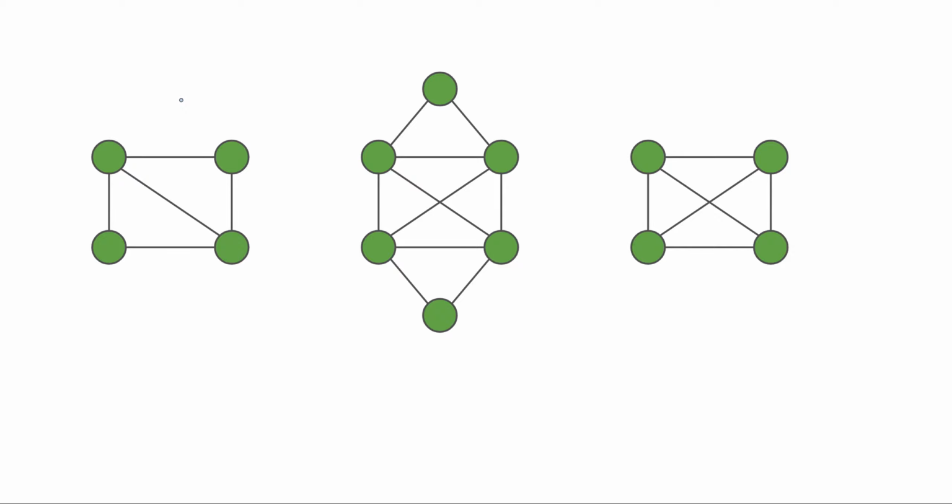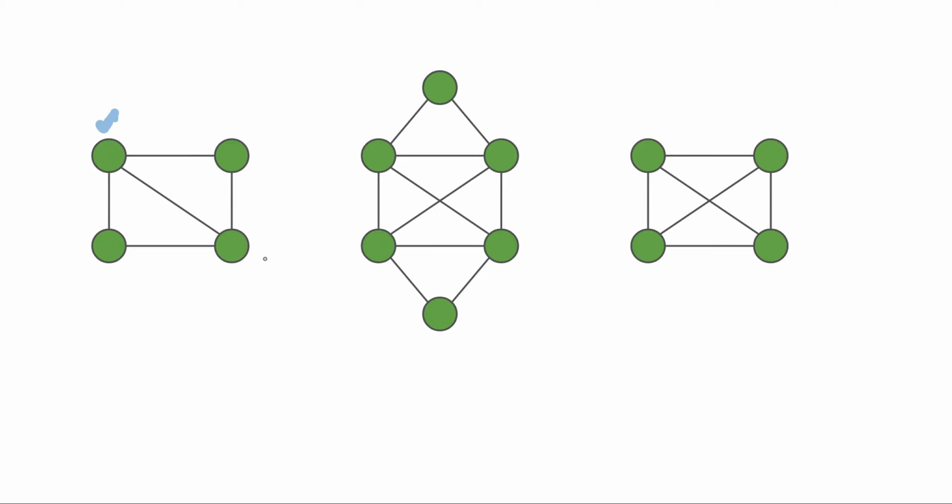Now the application of such a problem in real life is, imagine that these green points are junctions of the road, and you have to start from this point and finish at this point, and you are allowed to travel each of these line segments exactly once. If you travel each of the roads more than once, then you may suffer extra cost.